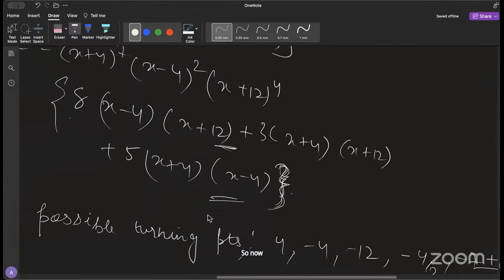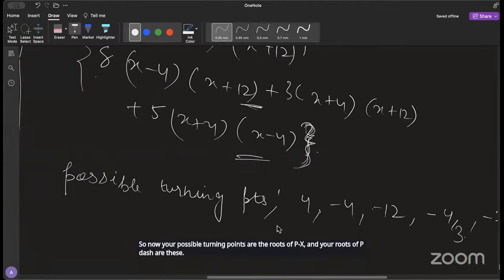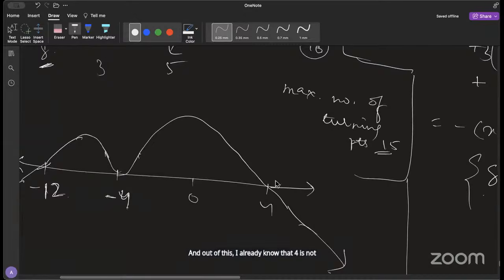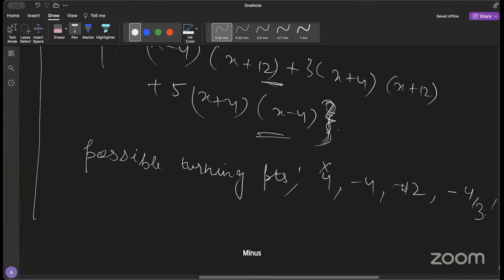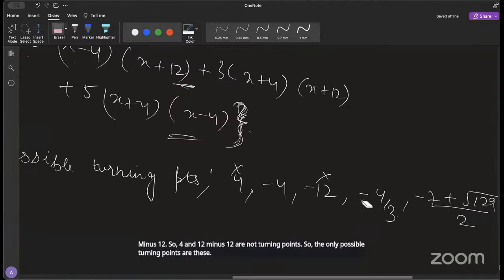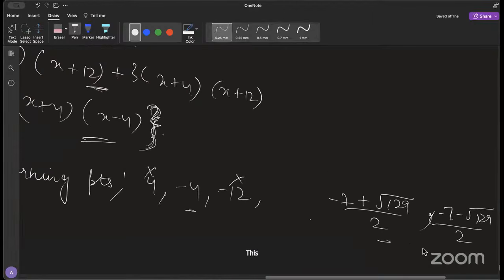So now your possible turning points are the roots of P dash X, and the roots of P dash X are these. Out of this, I already know that 4 is not a turning point, neither is 12, minus 12. So 4 and 12, minus 12 are not turning points. So the only possible turning points are this one and this one.